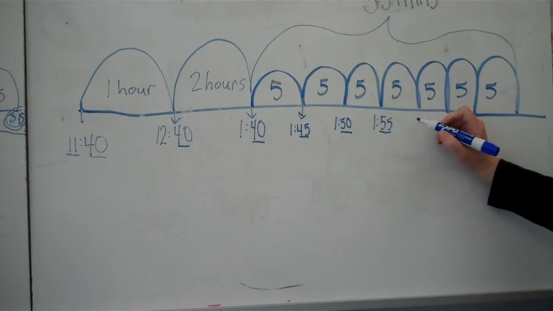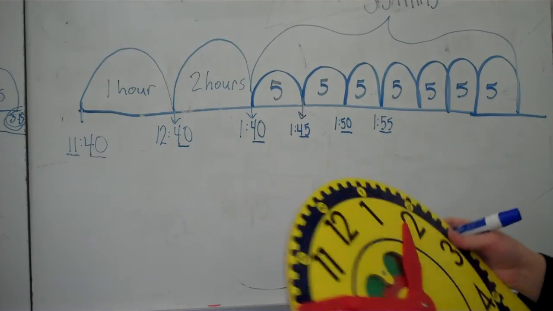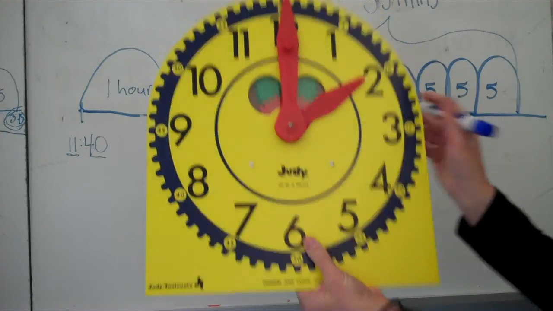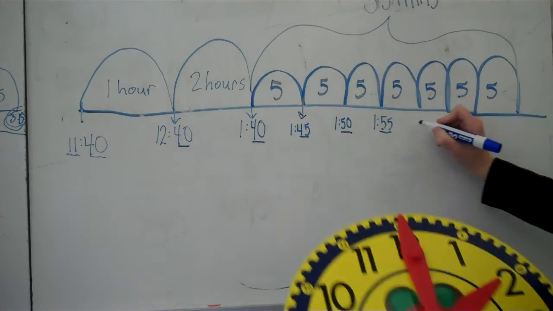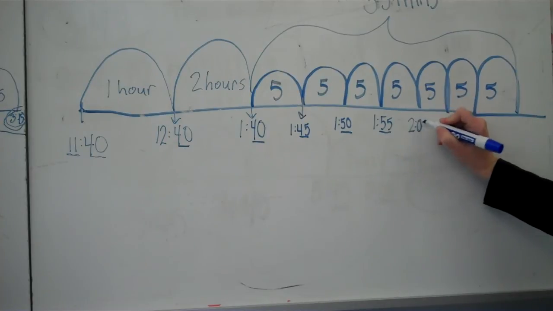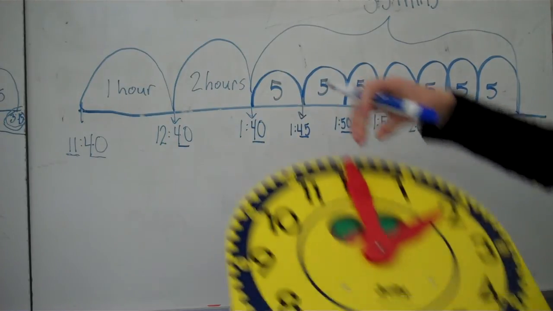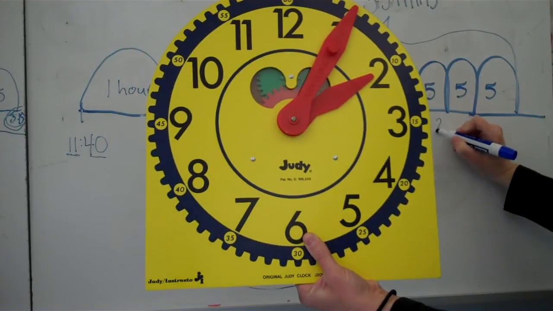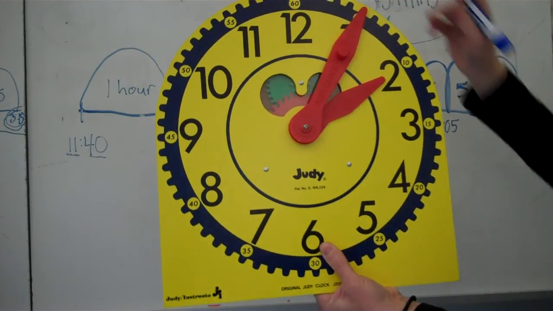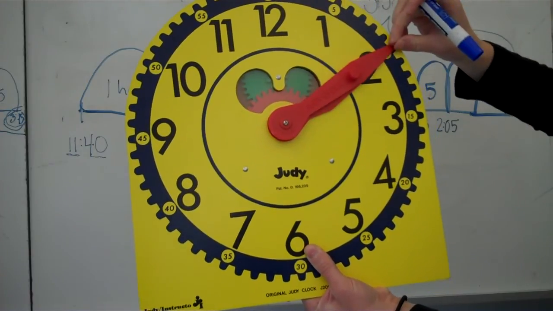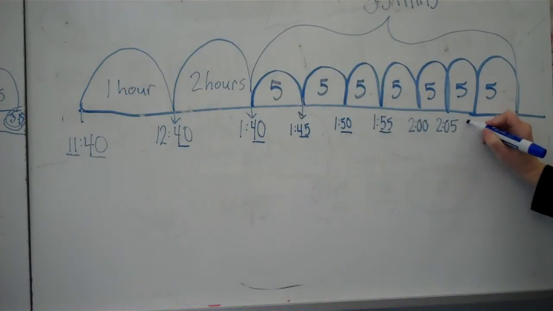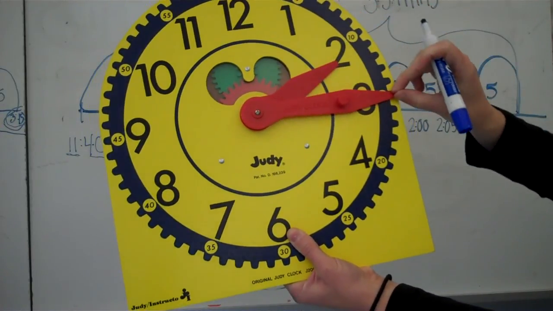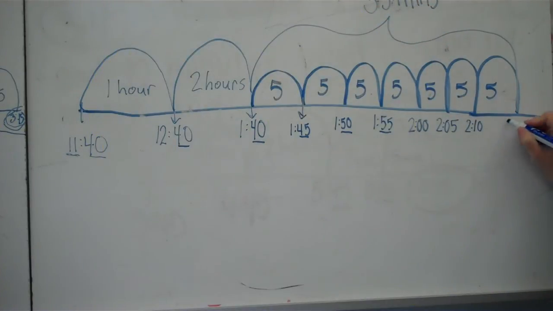After 55, I would say 60, but since 60 is at the top, I know I'm going to say o'clock. And it's going to be the next hour, which is 2 o'clock. And then 5 more is going to be 2:05. 5 more is going to be 2:10. 5 more is going to be 2:15.